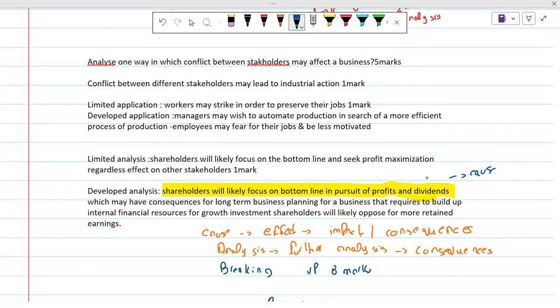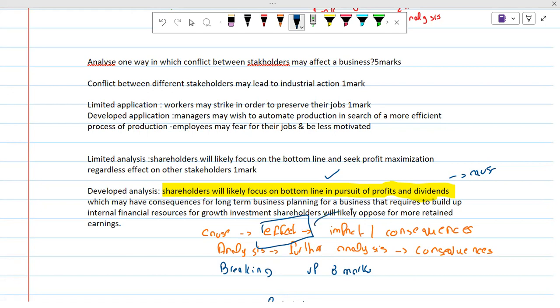Which may have consequences for long-term business planning for a business that requires building up internal finance resources for growth. So here I use the effect: if this happens, this is the cause and this is the effect. Basically, the business may have to face different hurdles while making long-term business planning. This is the effect.